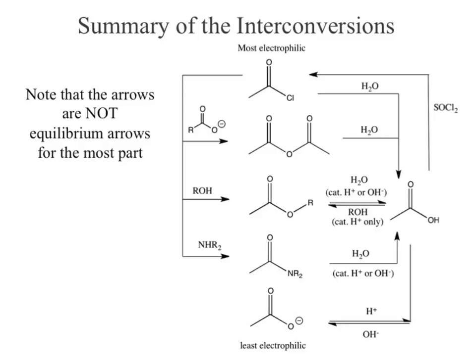What we have on this slide is something that's referencing the interconversion between all of these. Notice through the very middle we've got our acid chloride with a nice little useful information at the top that it's most electrophilic. And we slowly drop all the way down to our least electrophilic with the carboxylate. The ester, you'll notice, is roughly equivalent in reactivity to the carboxylic acid. Why roughly equivalent?